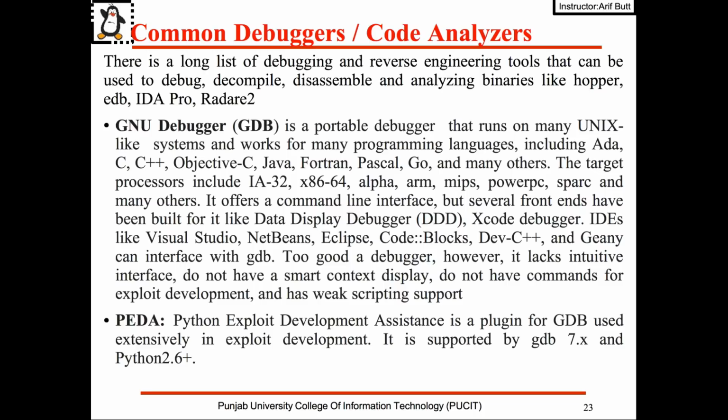GDB is a very good debugger, however it lacks an intuitive interface. It does not have a smart context display, and does not have commands for exploit development. So we will be using PEDA, Python Exploit Development Assistance, which is a plugin for GDB, used extensively in exploit development. It is supported by GDB version 7 onward, and Python 2.6 plus.